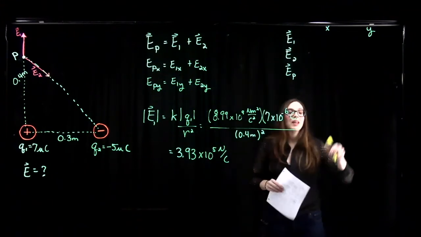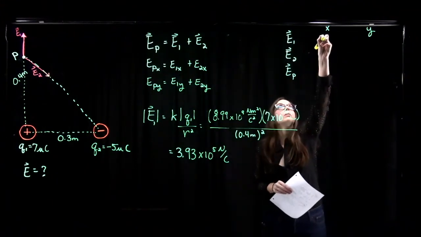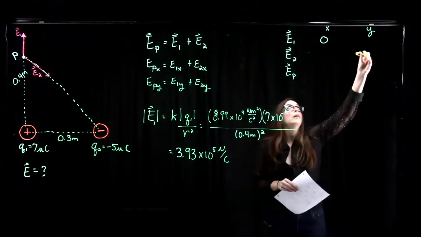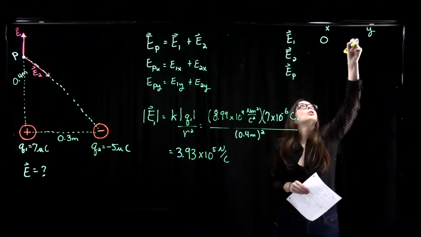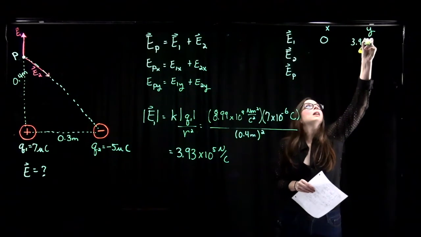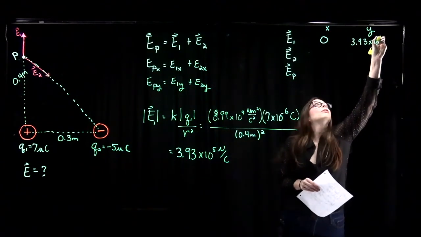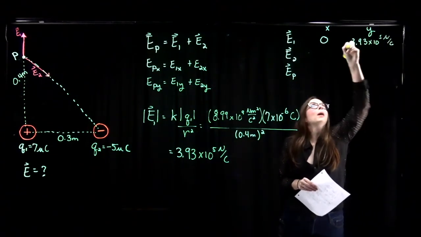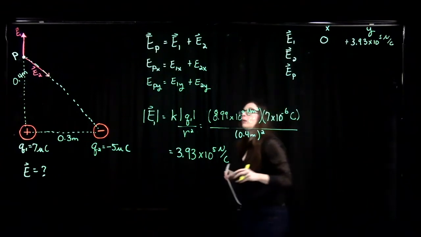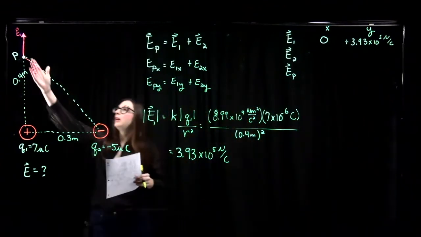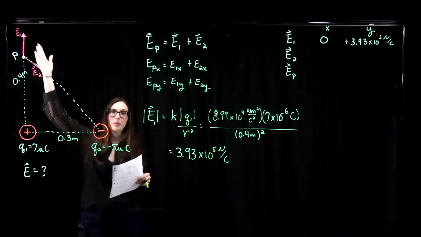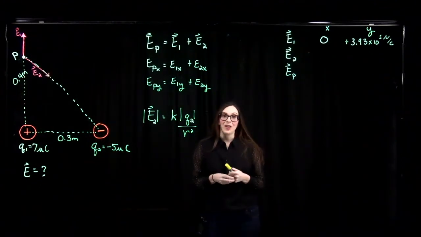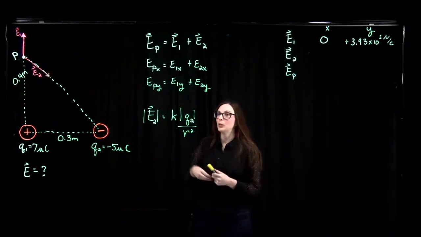There's no x component of E1, and it's all just 3.93 times 10 to the 5 Newton per Coulomb. It's positive, that y component, because our E1 vector is pointing straight up. E1 was the easy vector. Now let's move on to E2.